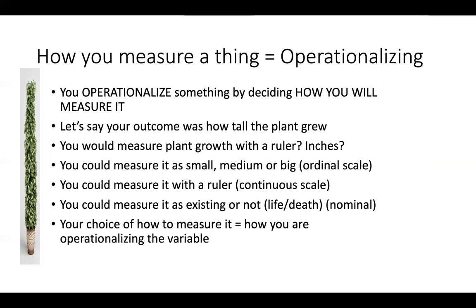And so if you're measuring the plant and you're saying growth equals size, size isn't good enough. What I need is a measurement. So you could say, I've got this plant measurement. It's called plant growth, and it measures 6 different aspects of plant growth. And then you add them all up, and that's your measurement called plant growth. And that's how I'm going to operationalize plant growth for my study.